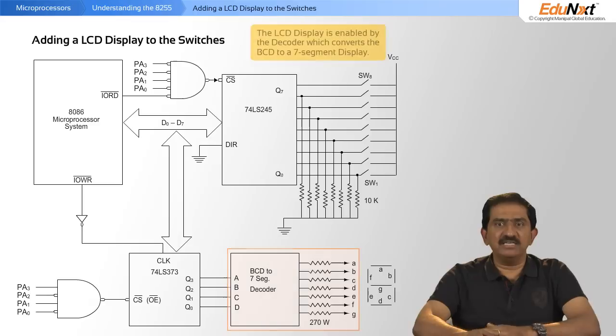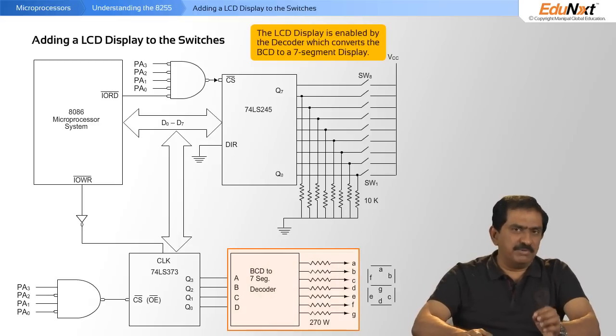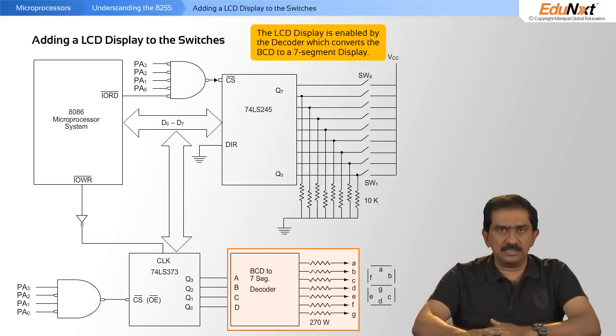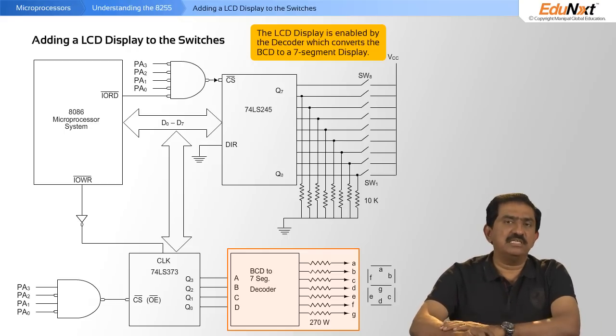Remember, the switch was an input to the processor, and the LCD display is an output from the processor. The output device is enabled by a decoder which converts BCD to 7-segment display. BCD is just binary coded decimal, and that gets converted to a 7-segment display by the BCD to 7-segment decoder.